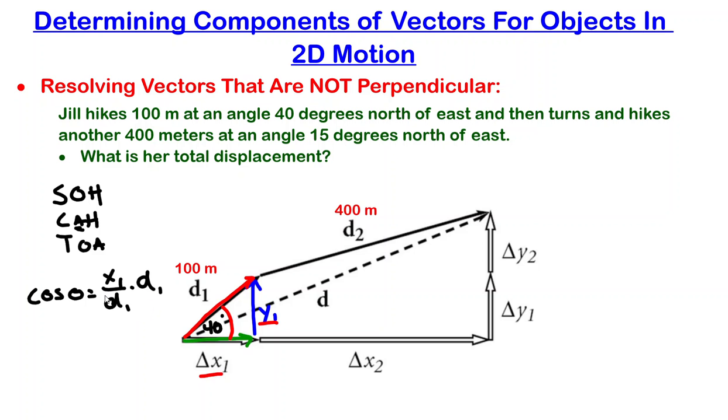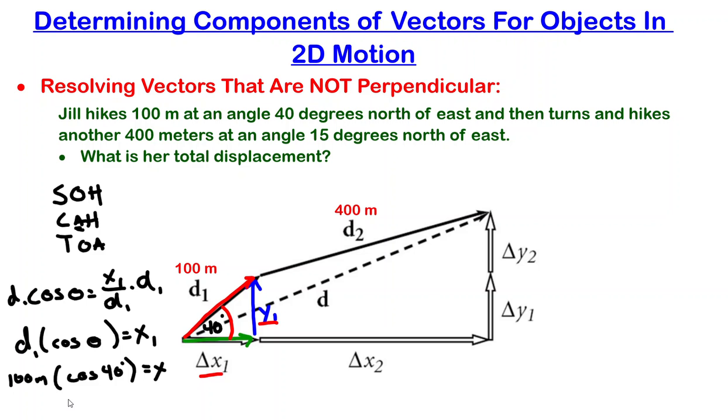If we multiply both sides by displacement 1, we're going to end up with displacement 1 times the cosine of theta is equal to x1. So we'll be able to find that. In this case, that is 100 meters times the cosine of 40 degrees is equal to x1. So when we put that in, cosine of 40 times 100, I end up with 76.6.